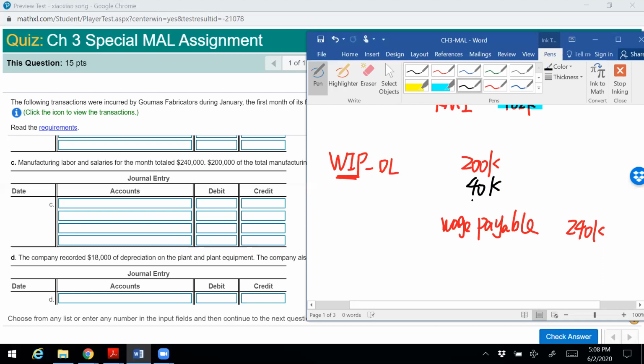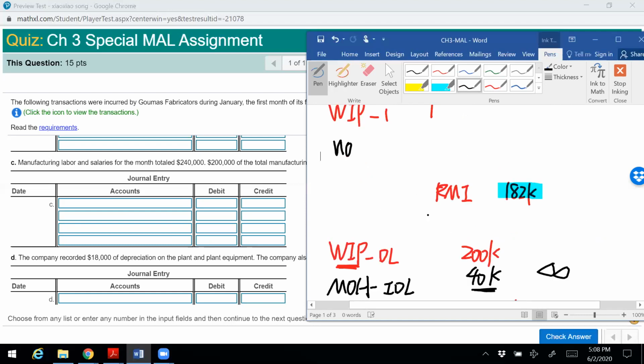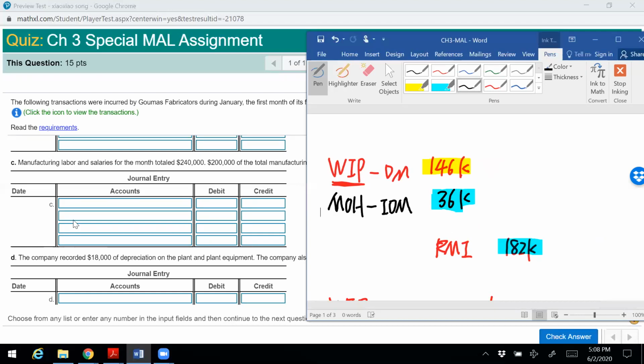This 40,000 is indirect labor. Remember, indirect labor goes to manufacturing overhead first, and when we assign it, it goes to work in process. Very good example: direct labor, indirect labor, direct material, indirect material.